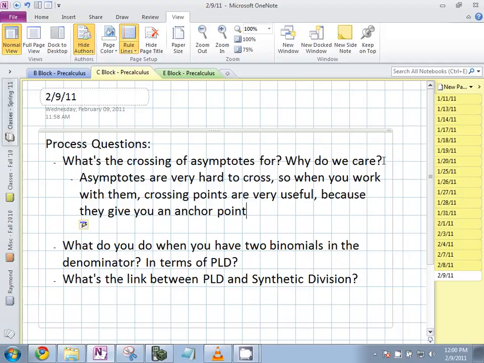Generally you have to stay way away from asymptotes. You get closer, but you can never cross. But is it a rare occurrence that they cross? Generally speaking, yes. And is it very helpful in terms of the overall shape of the graph? Absolutely. We're going to do an example, and you'll see why.